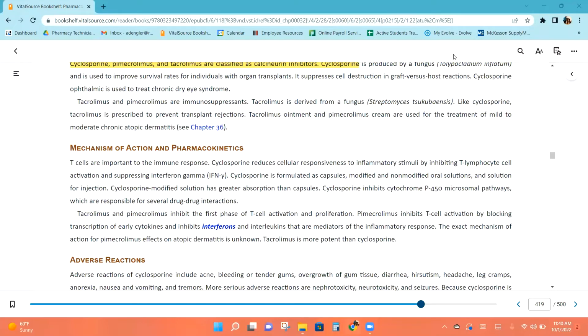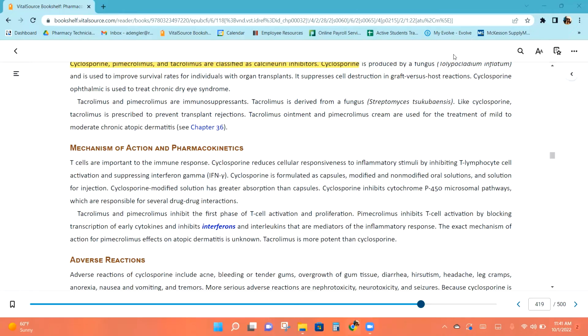T cells are important to immune response. Cyclosporine reduces cellular responsiveness to inflammatory stimuli by inhibiting T lymphocyte cell activation and suppressing interferon gamma. Cyclosporine is formulated as capsules, modified and non-modified oral solutions, and solution for injection.